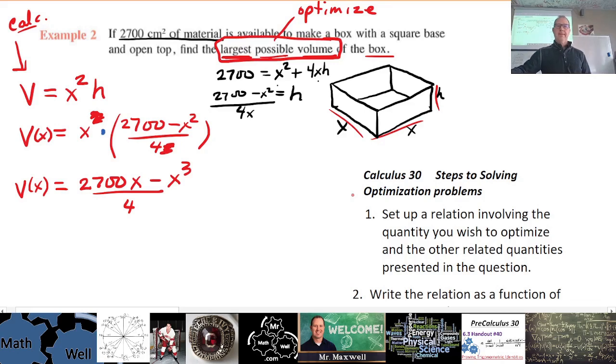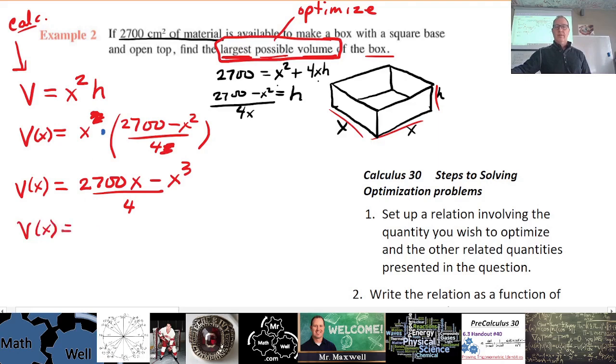All right. Now, we still have a fraction, but can we simplify this a bit? Well, we could do 2700 divided by 4 and maybe try and whittle that down a little bit. That's not going to be too friendly. You could take that 1/4 and put it out front, like so.